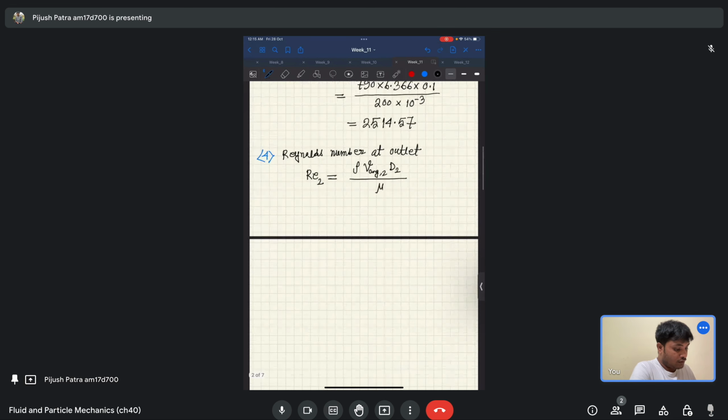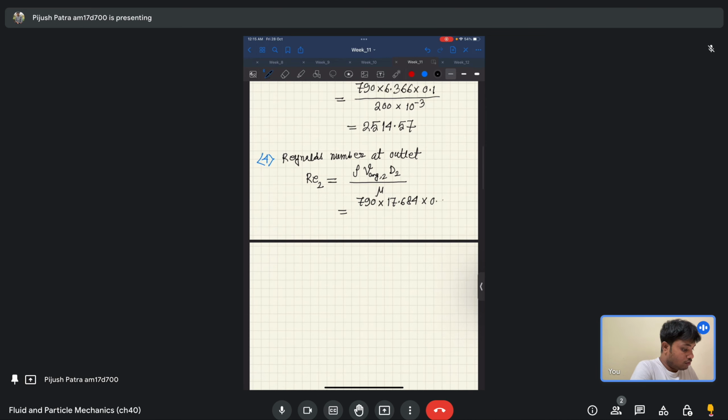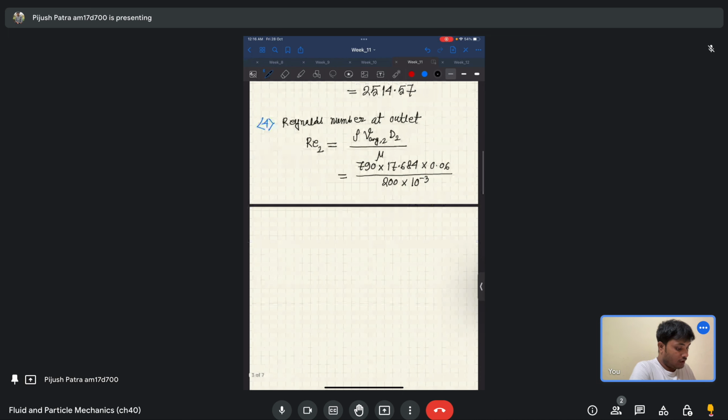So what is rho? 790 into V average equals 17.684 into D2 equal to 0.06 divided by 200 into 10 to the power minus 3, and this is nearly equal to, so let me calculate it one last time.